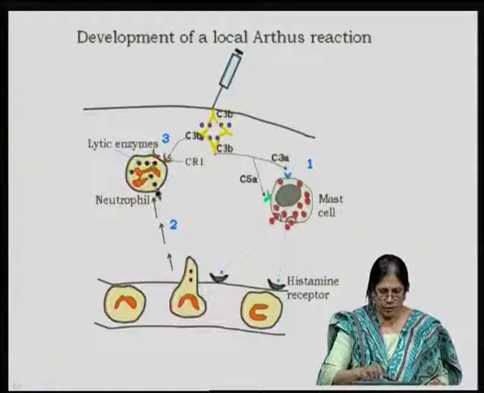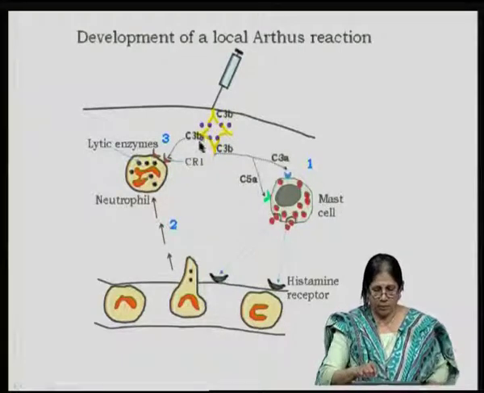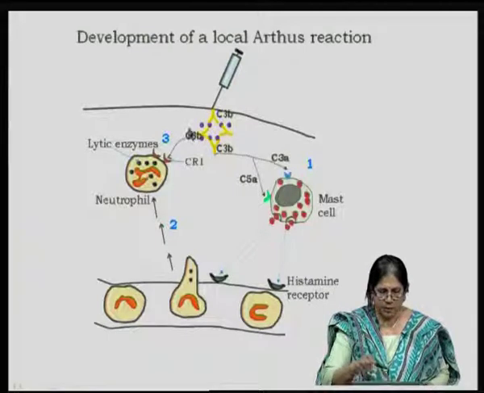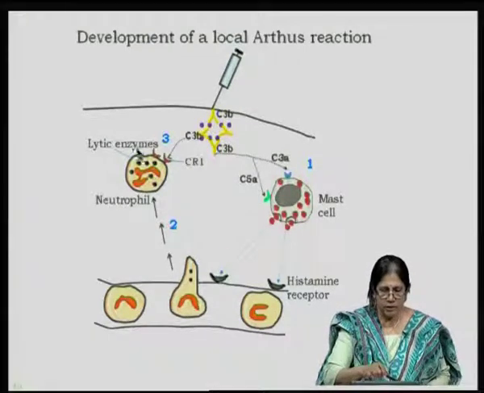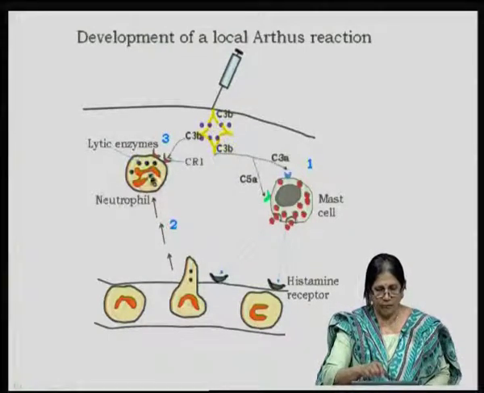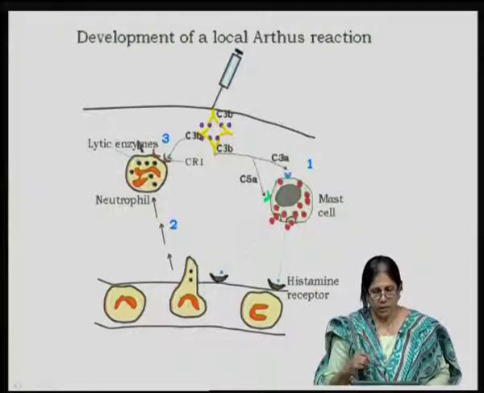So, when neutrophils come to that site, they get activated upon CR1 receptor binding to C3b, and the neutrophils, which have large amounts of lytic enzymes, start pouring out their enzymes.